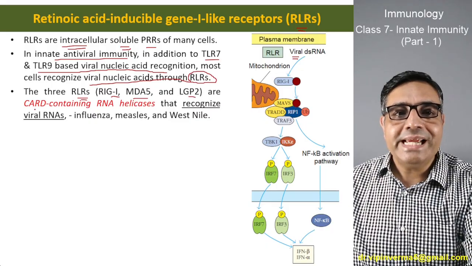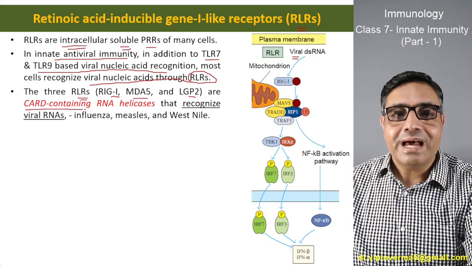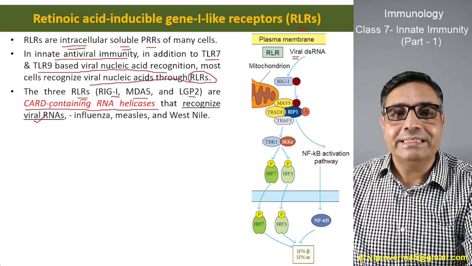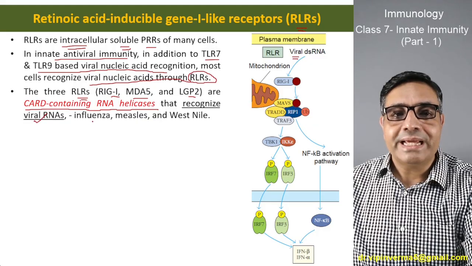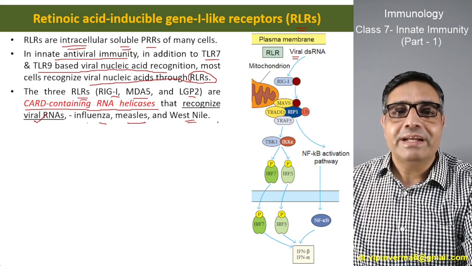They are CARD containing RNA helicases, and these helicases recognize viral RNAs, specifically influenza, measles, and West Nile, which are examples of RNA viruses.